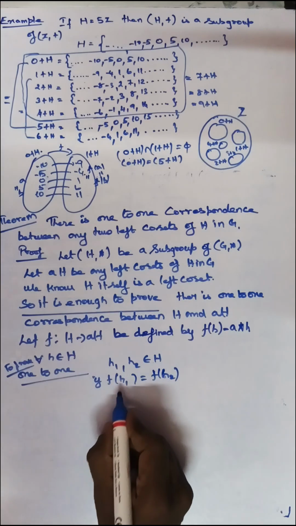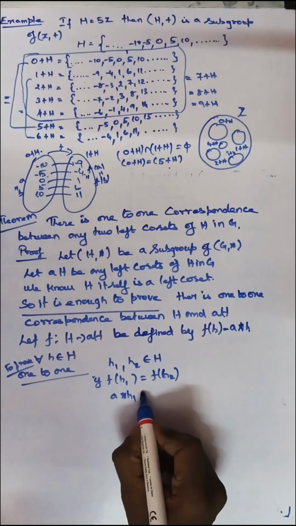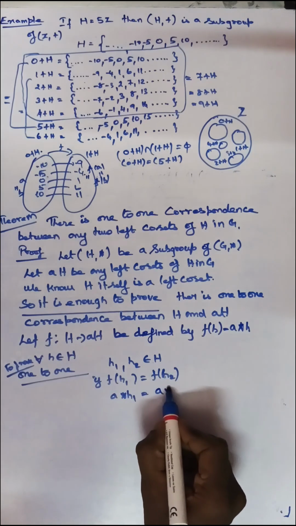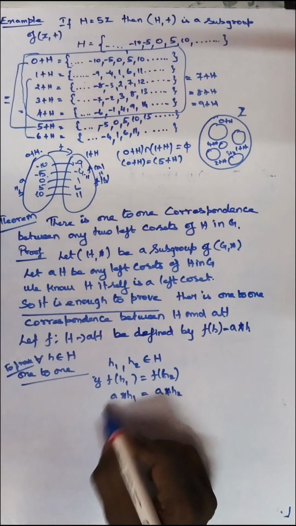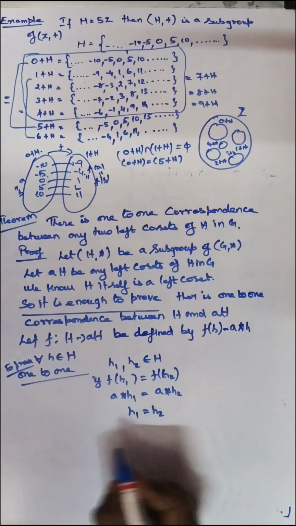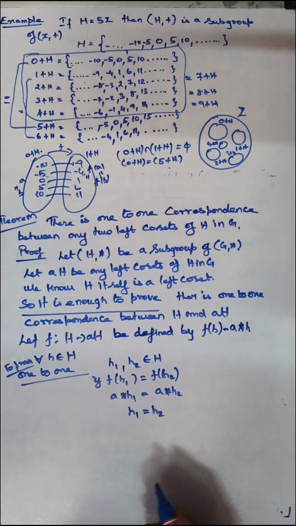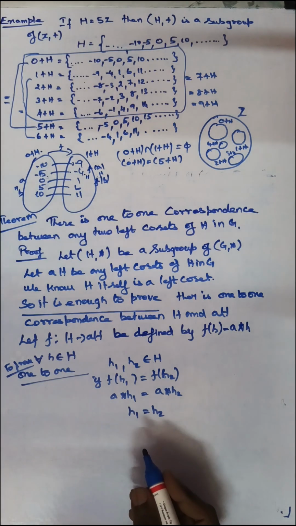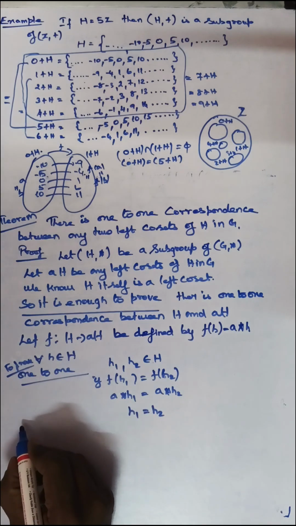This is nothing but a left coset, so a star h1 equals a star h2. By the cancellation law you can remove that a, so you can write h1 equals h2. So it is one-to-one. That's what we had to prove. Now to prove onto.